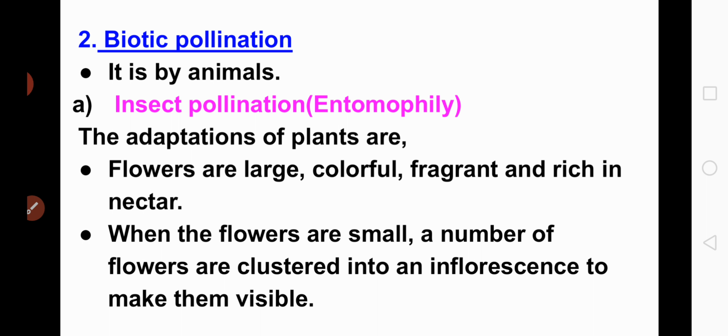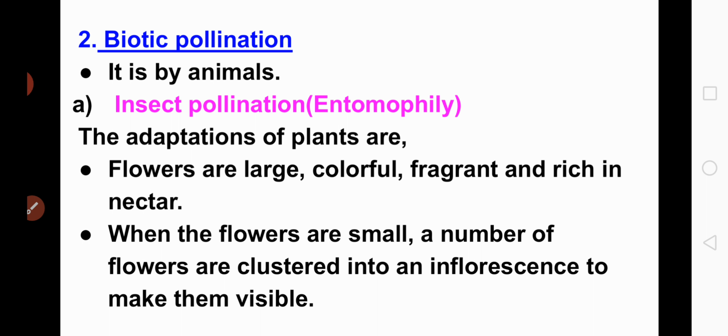Under zoophily, there are several types. For example, if the pollination takes place with the help of insects, then it is called entomophily. So entomophily is nothing but pollination by insects.